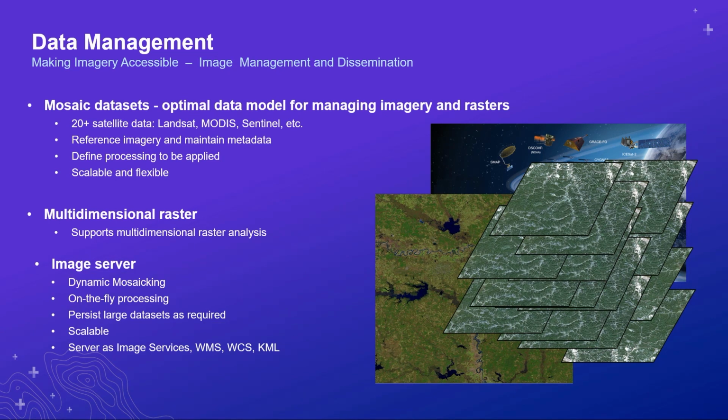And multidimensional raster supports many multidimensional raster analysis. These two data models can all be served as image services, through ArcGIS image server. Image server performs on-the-fly processing, on-the-fly mosaicing, and you can also persist the analysis result.